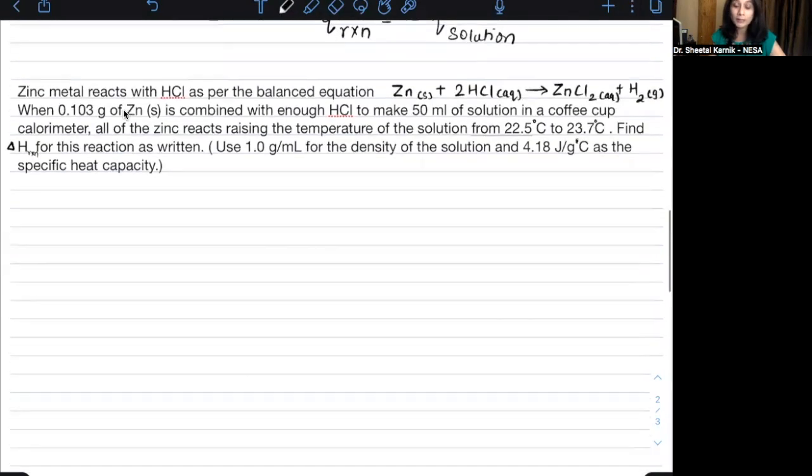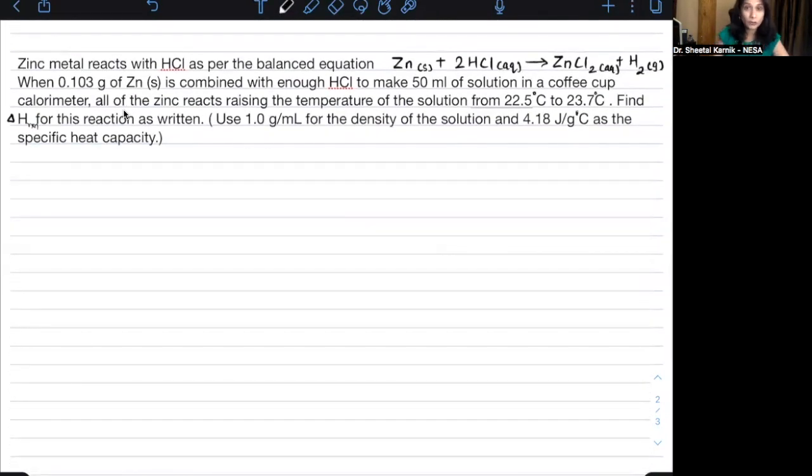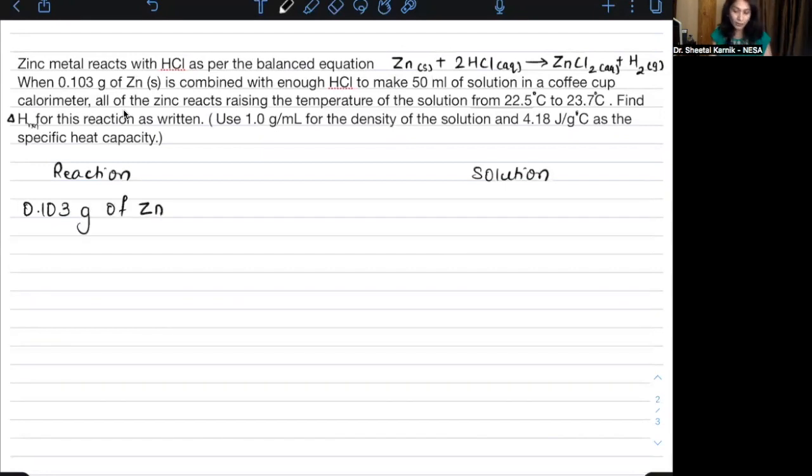So let's look into how to solve this question. Again, the best way to work with any of the heat transfer questions is to separate out what is the system and what is the surrounding. So accordingly, I'm going to write down the reaction, the data that is given for the reaction, and the information that is given for the solution. In the reaction, I'm seeing 0.103 grams of zinc is part of the reaction. It is combined with HCl to make 50 milliliters of solution.